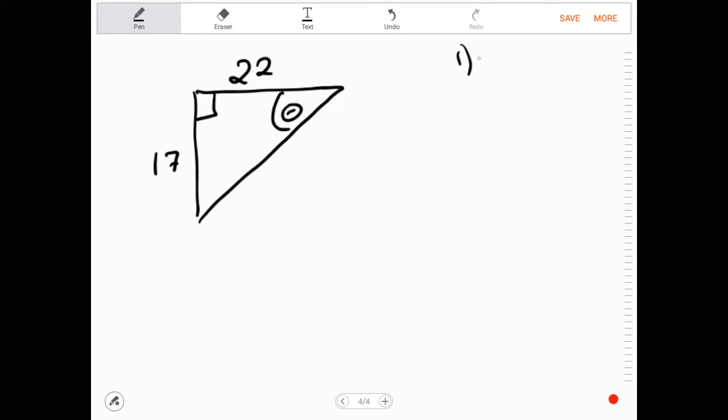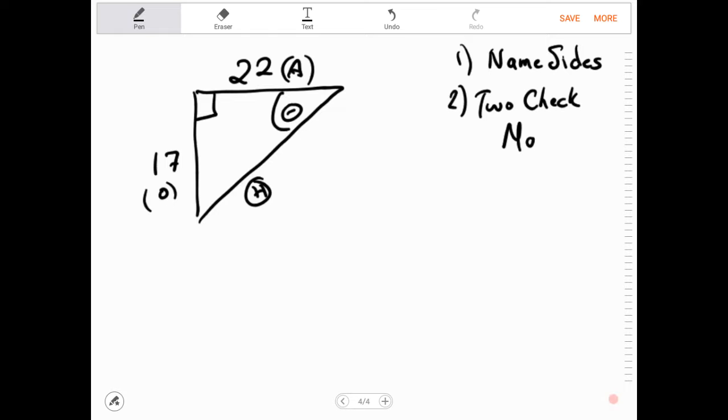So number one here is name sides. So we'll name the sides. Okay, so I'll do that right now. Hypotenuse, this is our reference angle, opposite from our reference angle. This is your adjacent.